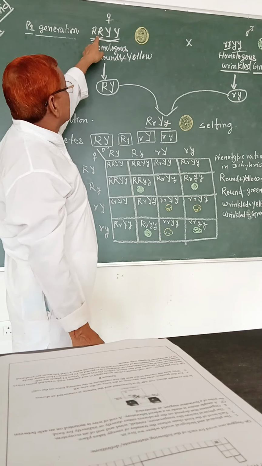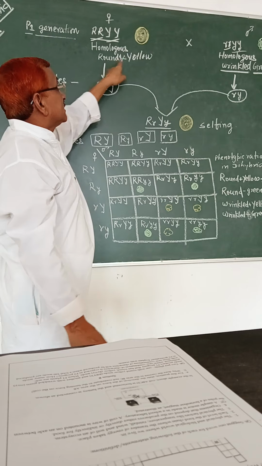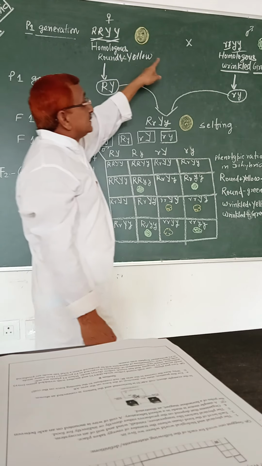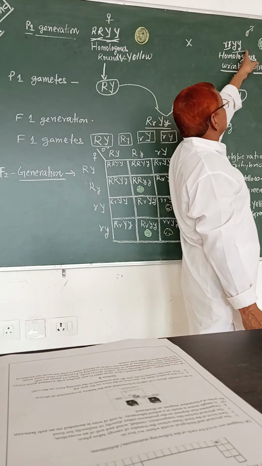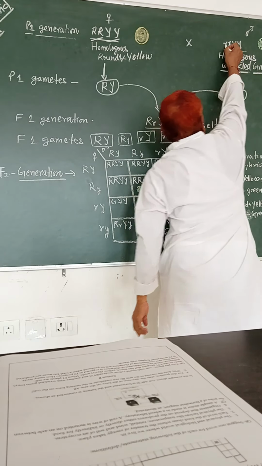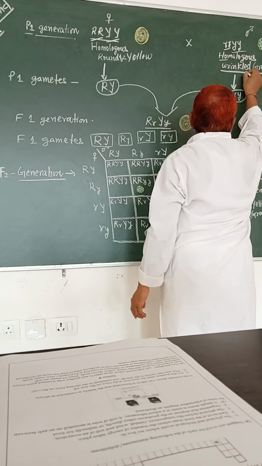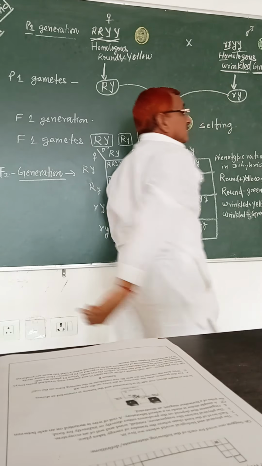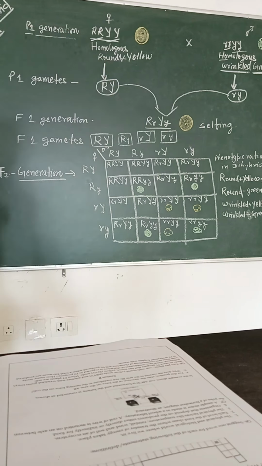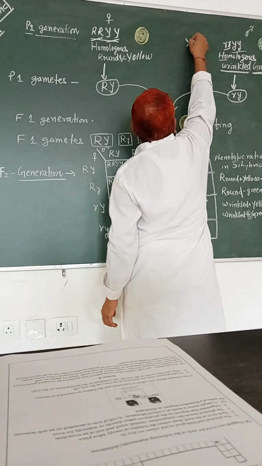Here, the P1 female is homozygous round and yellow, and the P1 male is homozygous wrinkle and green, because both have identical factors. So when homozygous round and yellow is crossed with this, here is the sign of cross, don't forget to give the cross.